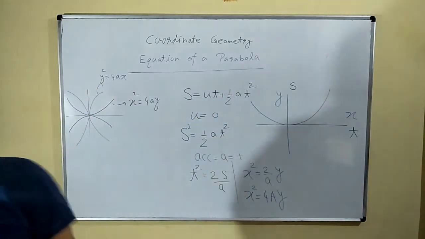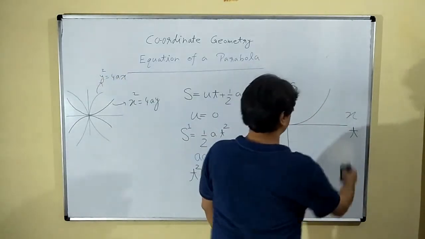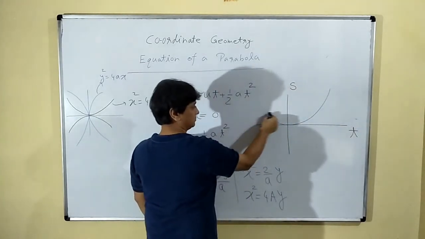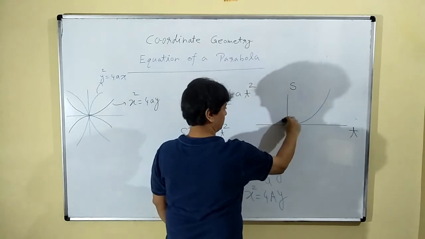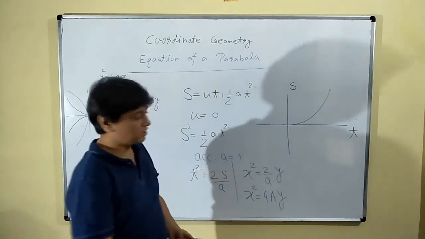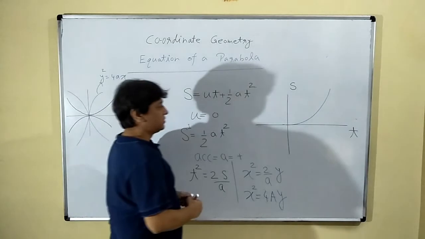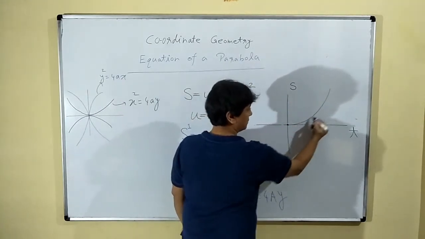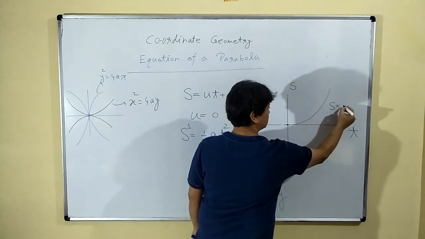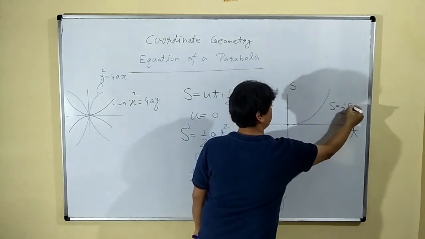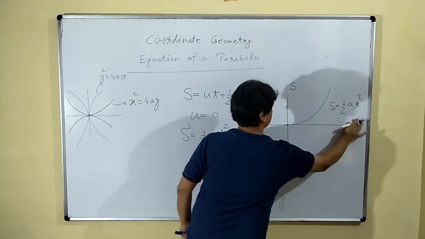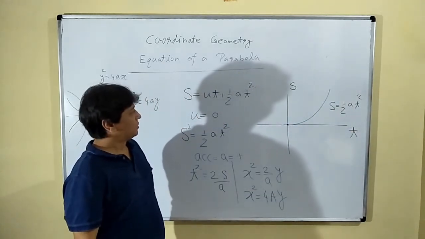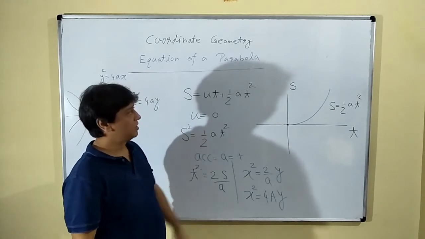As time cannot be negative, we have to remove this portion. Once you remove this portion, this is the graph starting from origin, giving us s equals to half a t square. Hopefully समझ में आया होगा.